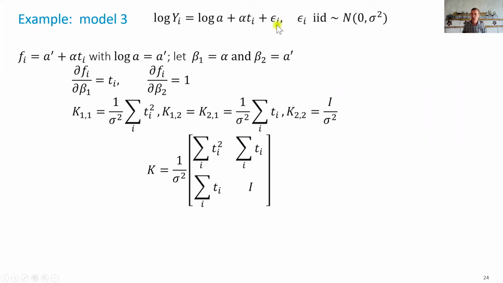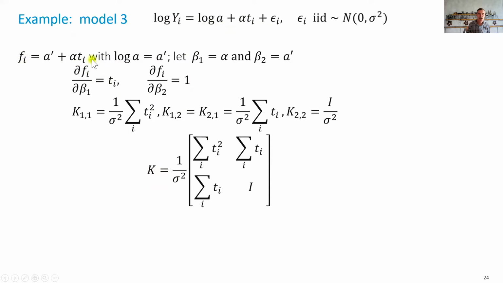And if we want to use the statistical method, we additionally have the sigma square to fit here. So what does this theorem tell us? Well, it tells us that we should compute this matrix. What is this matrix? Well, it's the matrix of derivatives of the function fi. So what is fi? Fi is the value that we have here when we don't have the noise. So that's the thing we're trying to fit.